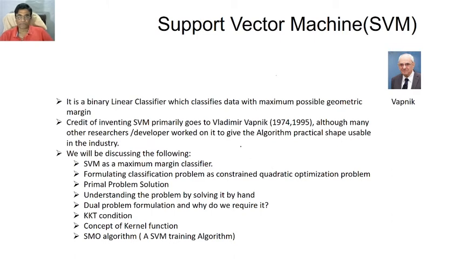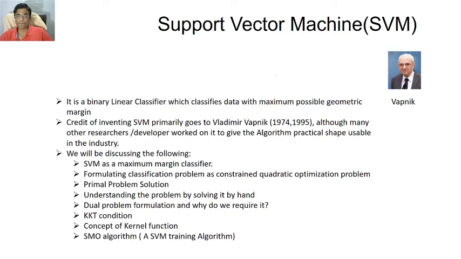Okay. So the credit goes to actually Vladimir Vapnik, a Russian scientist. He did his PhD thesis in 1974, so the idea is not new. His PhD thesis was all about the support vector machine. But at that time, you see, the computation power was not that great, and sophisticated training algorithms were not developed.